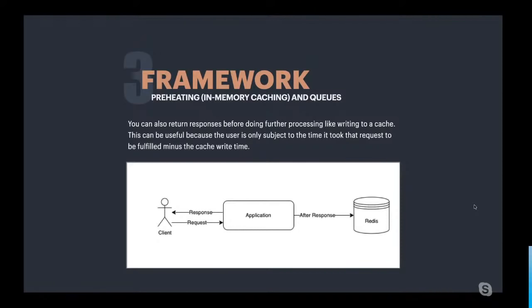Another thing to note is that it's also quite possible to return responses before continuing with other processes that could take time. Of course, we can use queues, but there are certain instances where queues might not work. For instance, we had an endpoint and we needed to cache the response of that endpoint and then return.